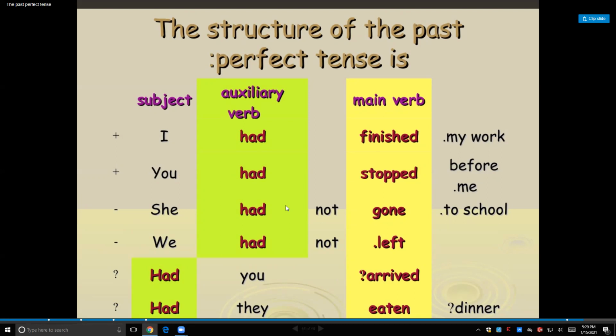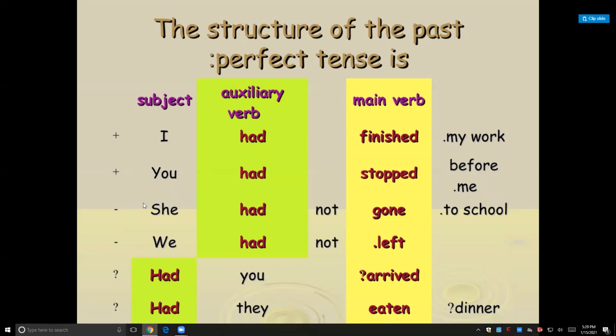And if you want to convert it into a yes-no question, you will place this had at the beginning of the sentence. So I had finished. I had not finished. Had I finished? You had stopped. You had not stopped. Had you stopped, as a question? She had gone, positive. She had not gone, negative. Had she gone? A yes-no question. And if you want to make an interrogative question, you know the rule.